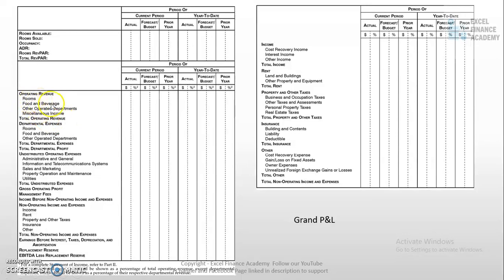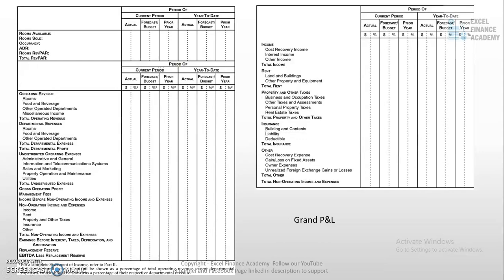Here you have rooms department, F&B, other operating departments, and then you can see the expenses for each department: rooms, F&B, other operating departments, administrative and information technology, sales and marketing, property operations, utilities, and then you have non-operating expenses. So this one page summary can give you an overall overview of your hotel's performance.